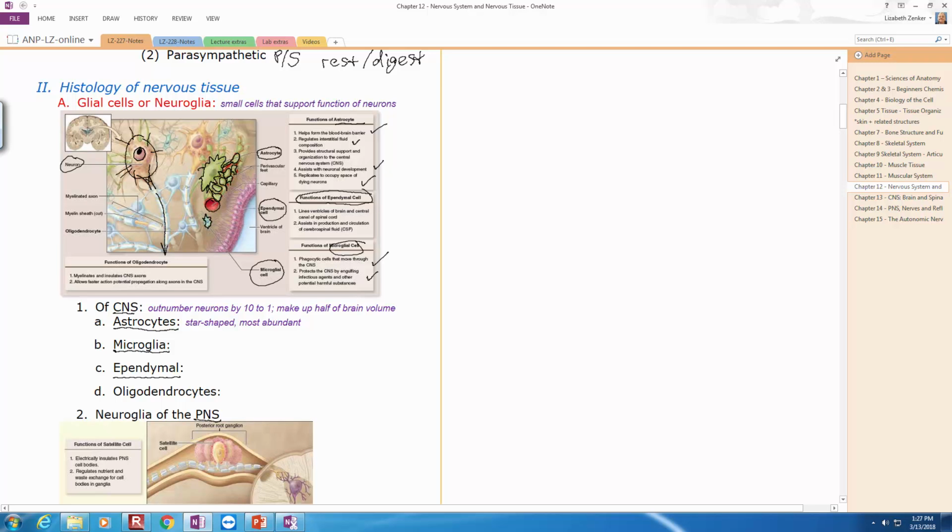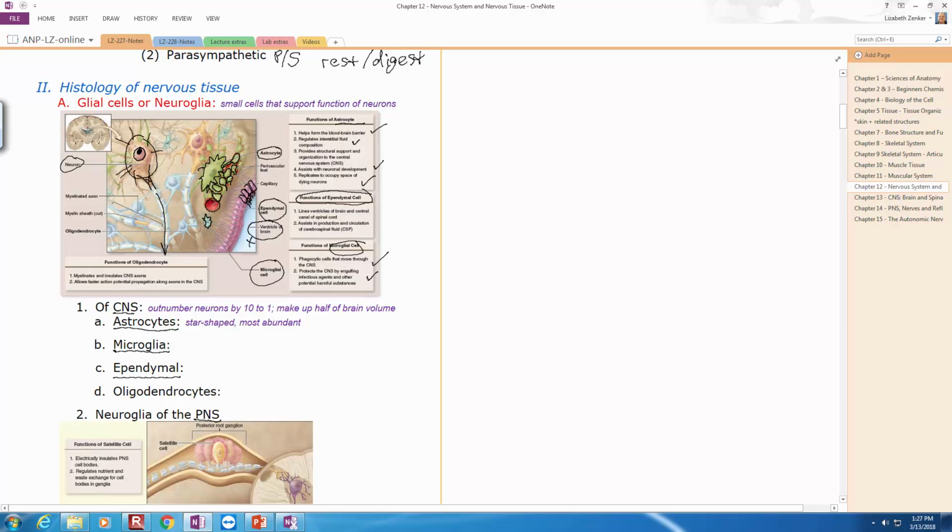The ependymal cells are these kind of columnar cells, and they actually will have little cilia sticking off. And this area here says it's the ventricle of the brain. So when you guys are looking at the ventricles of the sheep brain, it'll just look like a space. But in the living tissue, it had cerebrospinal fluid in those ventricles.